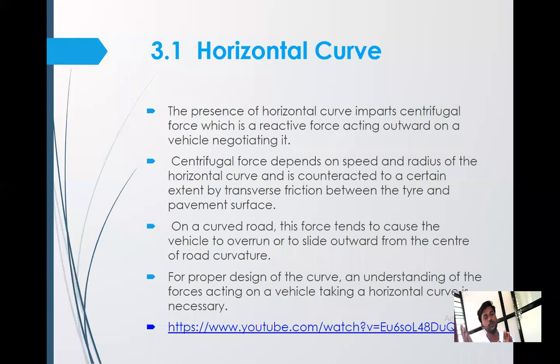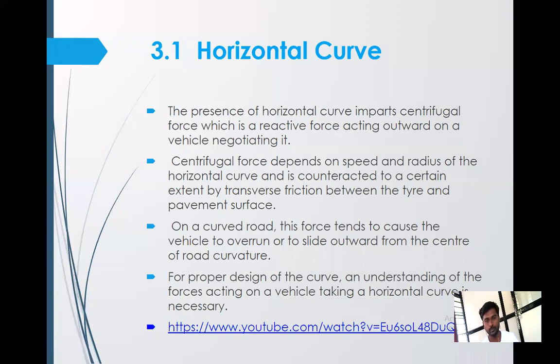Because if the road is plain in the horizontal curve as well, then the centrifugal force acts on the vehicle and the vehicle can go outside the road. So to neutralize that centrifugal force, we always provide super elevation to that road so that the vehicle can easily pass.